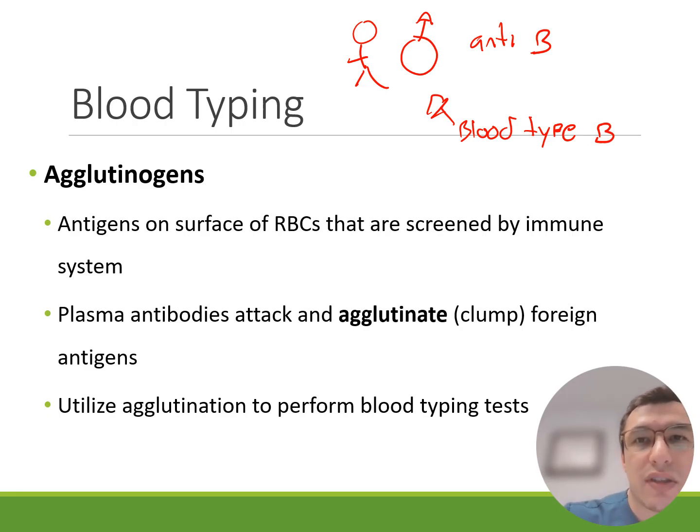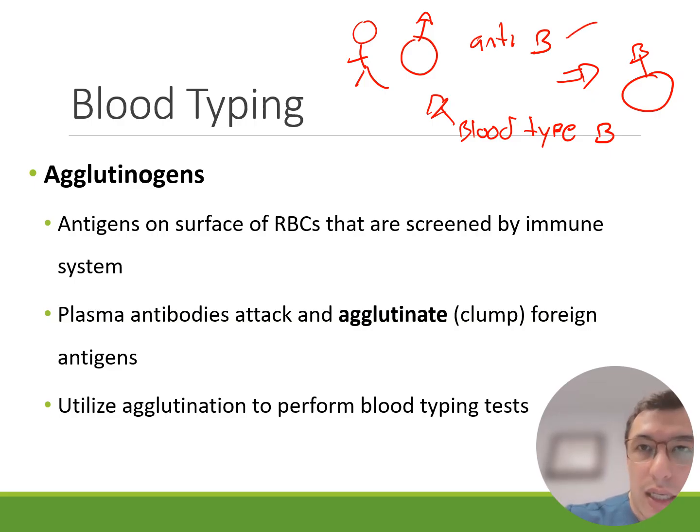The immune system is going to attack those now foreign cells that have antigen B. Now your circulating antibody, we're going to picture here the aftermath, this cell with antigen B. This molecule right here will bind onto this antigen, and it will then clump other cells that are B.